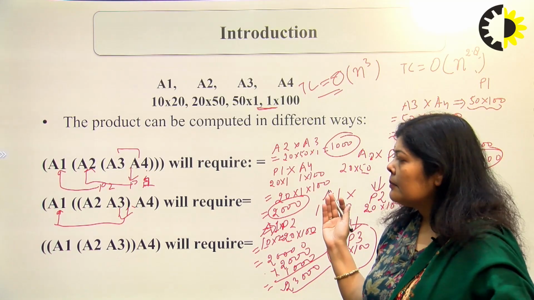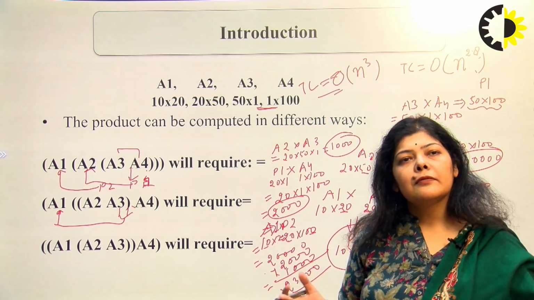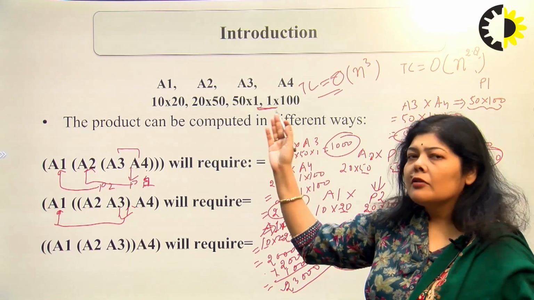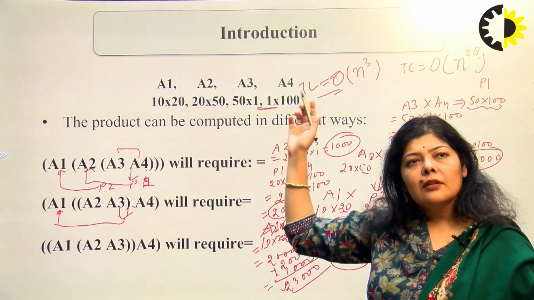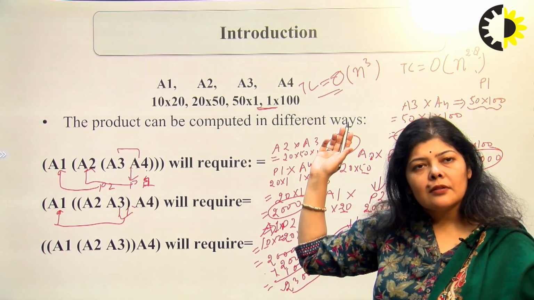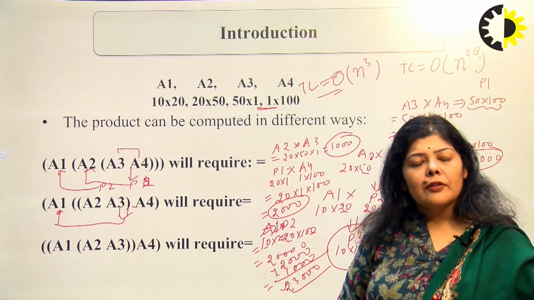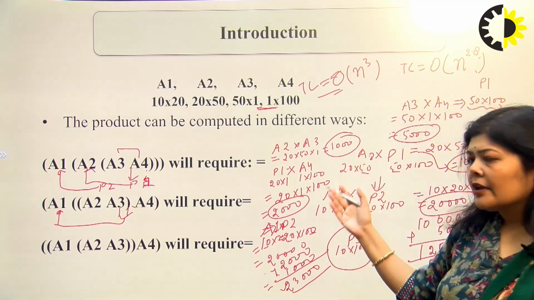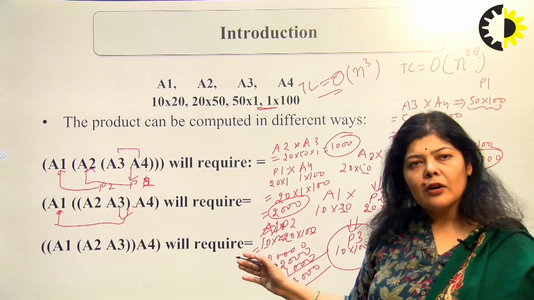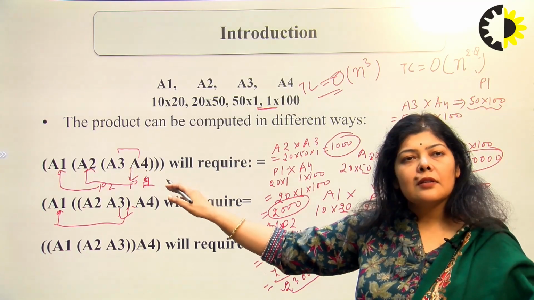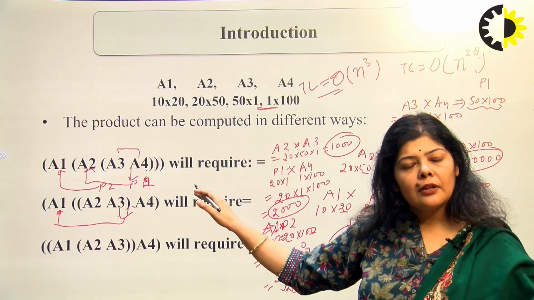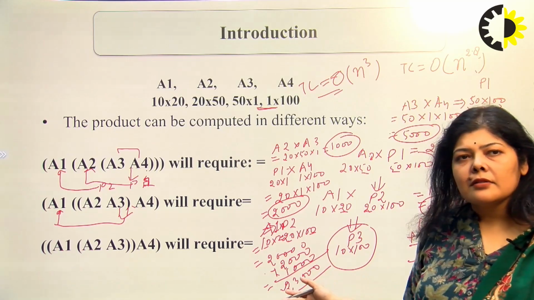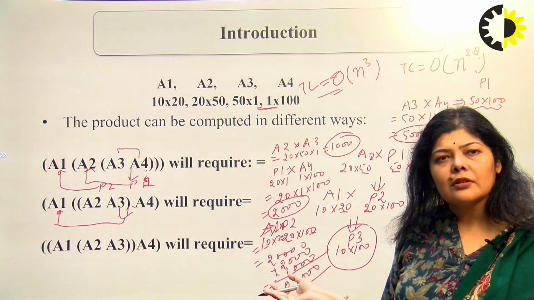So if my problem involves a lot of matrices and I need to multiply them together, as the number of matrices is increasing, the algorithm time is going to be increased, and I need to find out an efficient way how I can minimize that time. And for that, we already have seen that if we can find out how we can parenthesize this expression in an optimized way, the total number of products that are going to be calculated can be reduced.